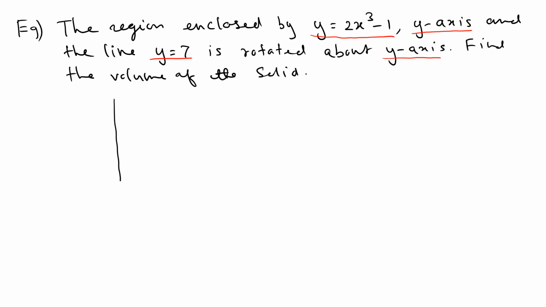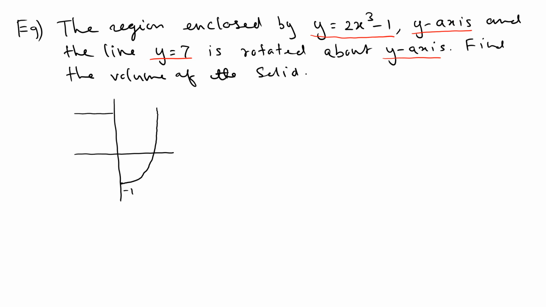So that's the y-axis, that's the x-axis. So that means it's going to be a cubic function, going like that, and it's going to pass through -1. That's the -1 point. So that's the shape of that part, and then this is the line y equals 7.